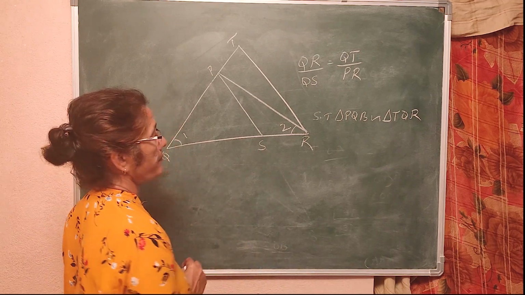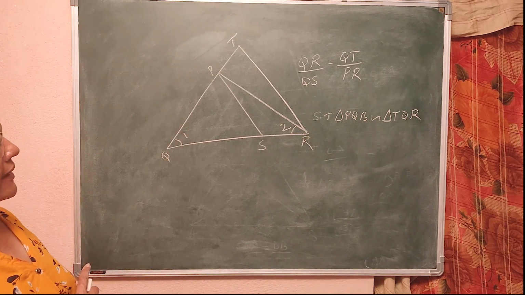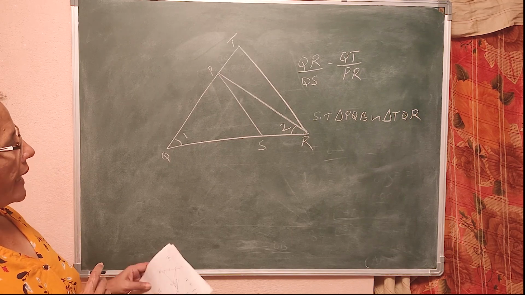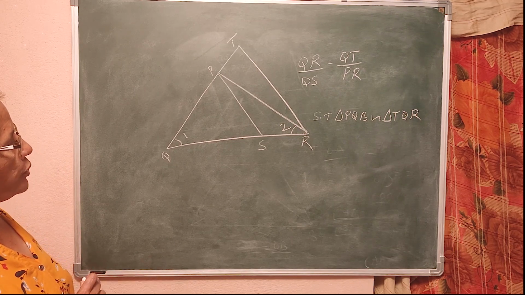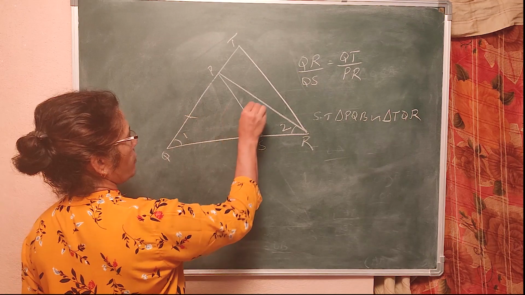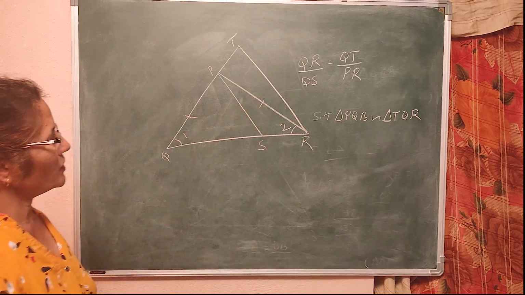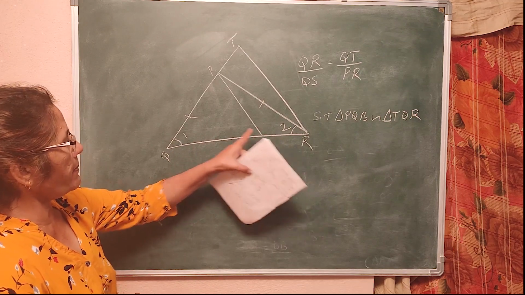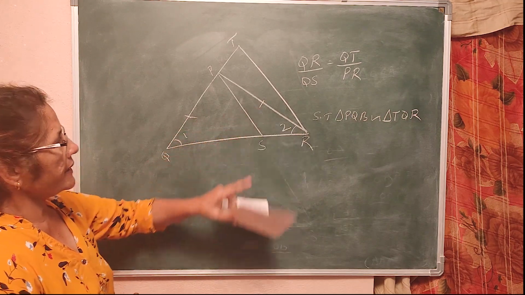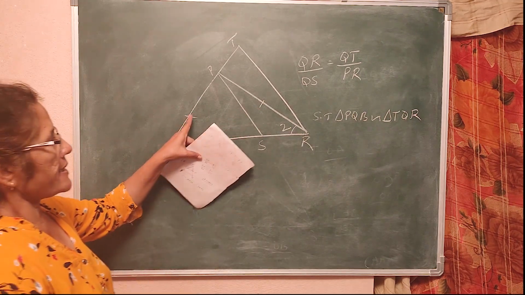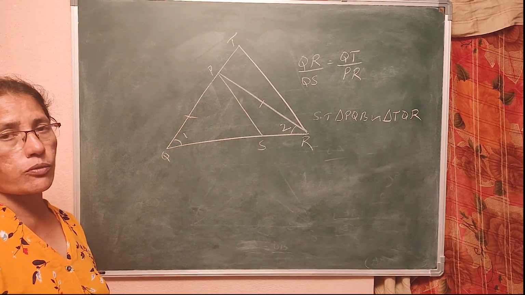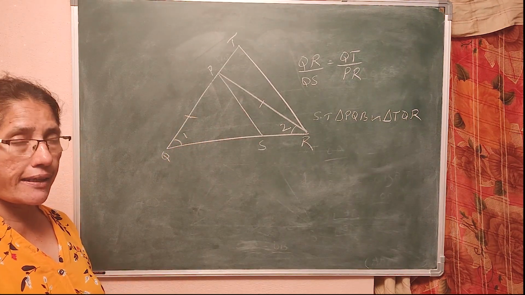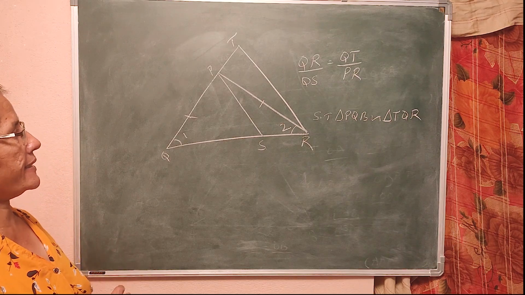Now how can I start? Angle 1 is equal to angle 2. When angles are equal, the sides opposite them are equal. What type of triangle? Isosceles triangle.